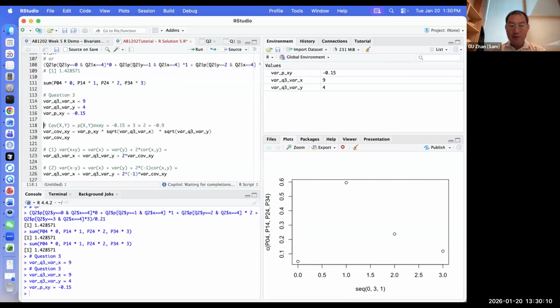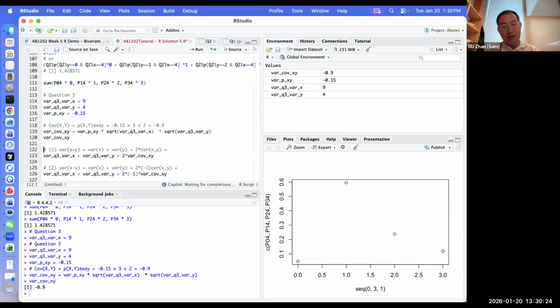Sigma x, sigma y is the square root of 9 and 4. So square root of 9 and 4, square root of 4 is 2. Then times rho. Then what do you have? You run it, minus 0.9.